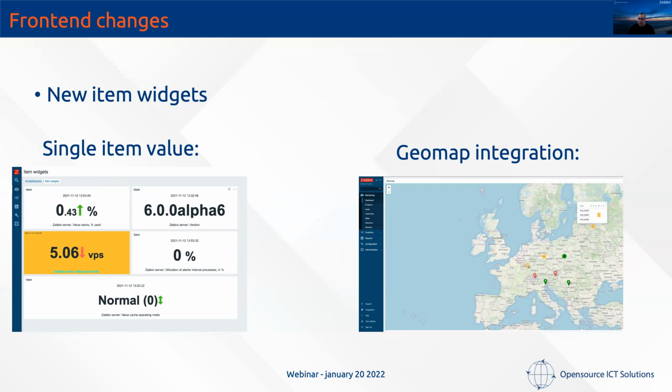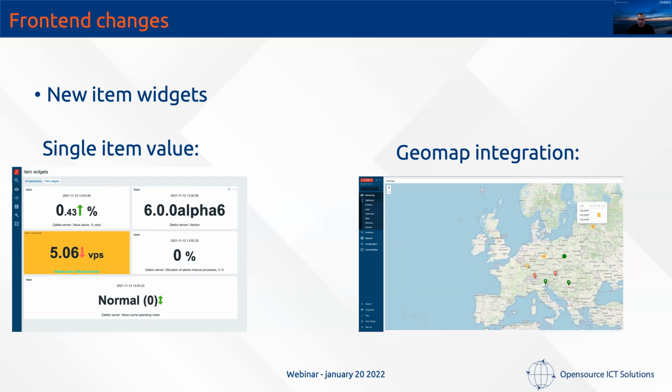We can right now select one item and tell Zabbix, show the value, show the behavior of this single item in the dashboard. And suddenly we have things like, well, show me the value cache or whatever item you select. Show me the last value there and show me what is happening with that value.